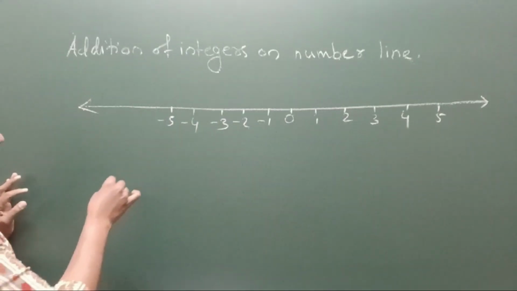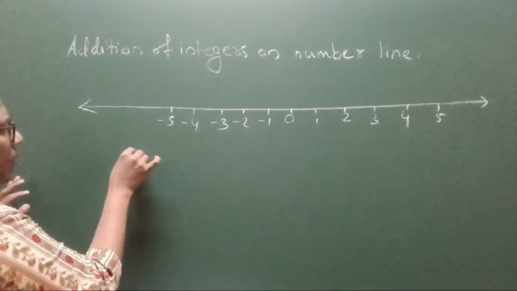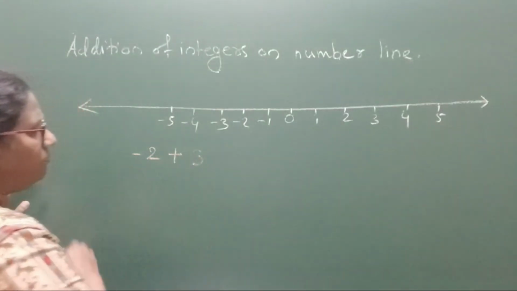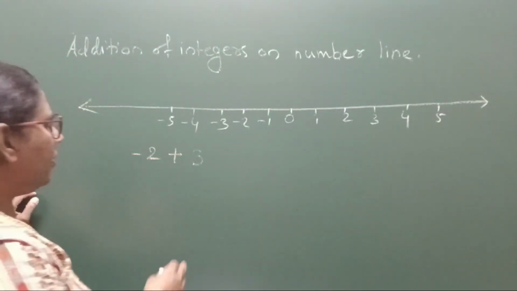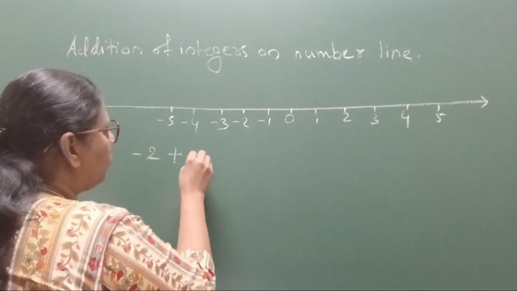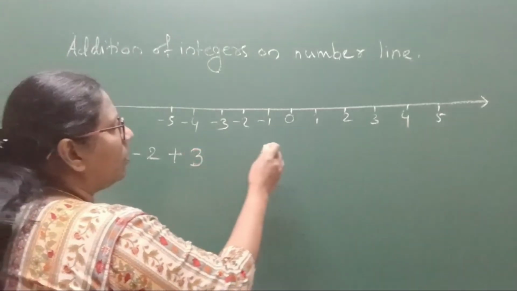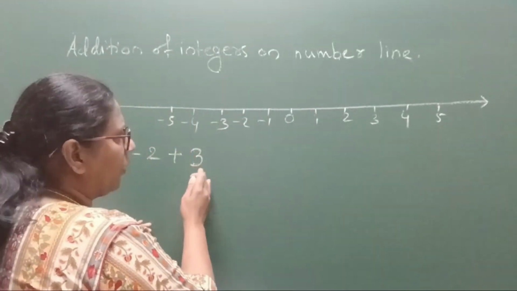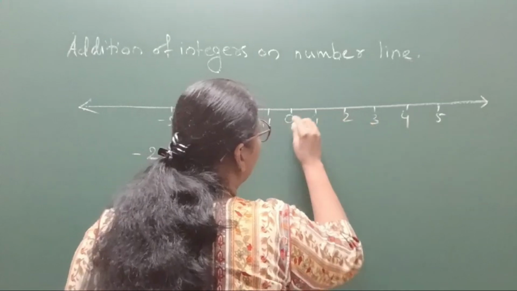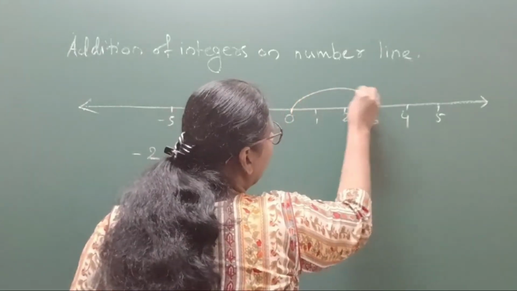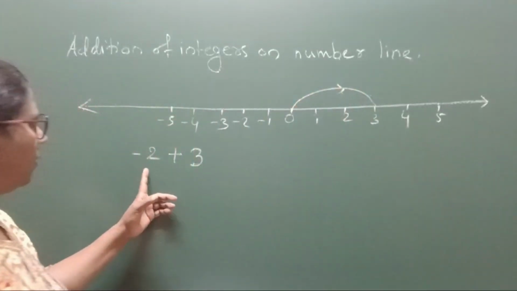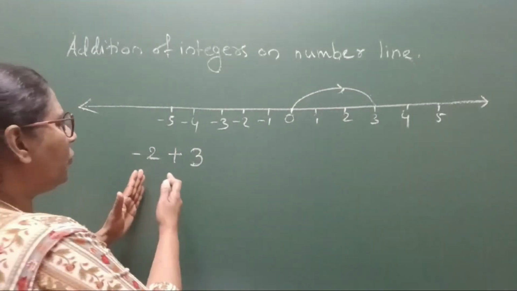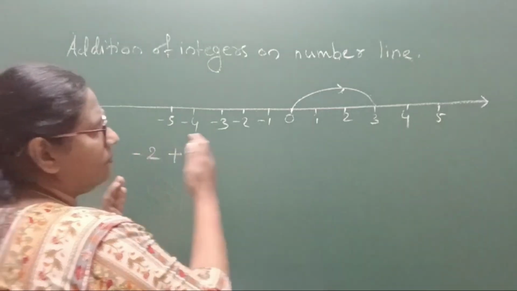Example, you want to add -2 plus 3. Then first you have to go towards the right on number line 3 units, that is 1, 2, 3 here this way, and then negative integer, that is -2, 2 units you have to move towards the left.